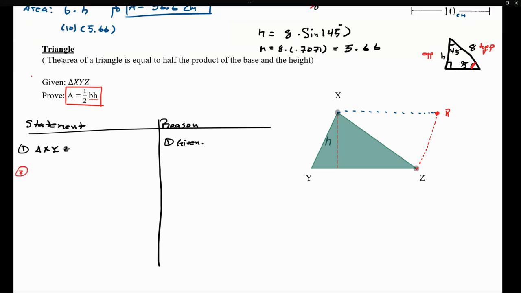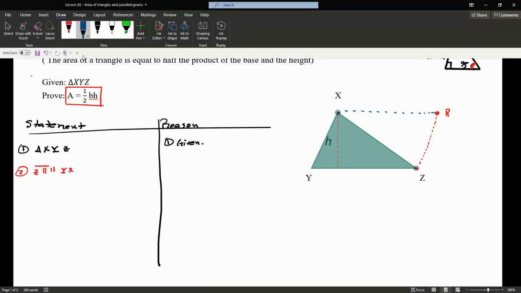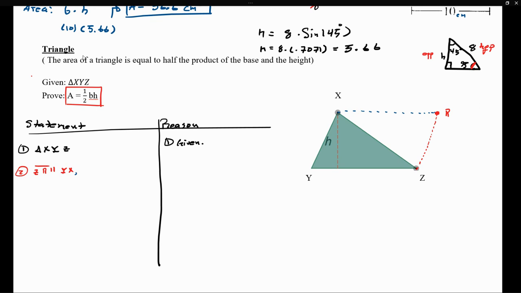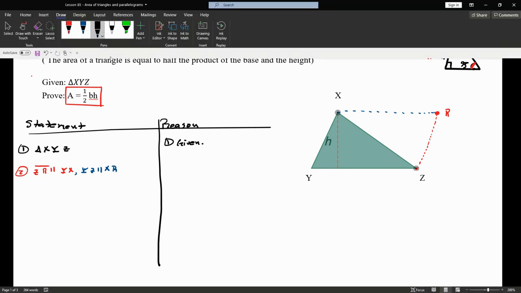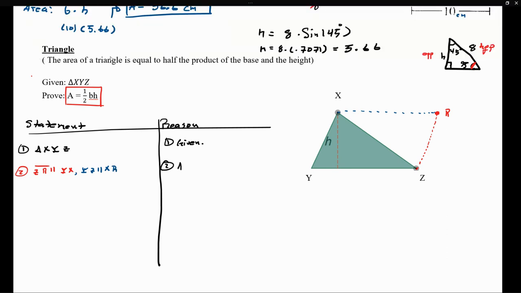My second step in this proof is that I'm going to be saying that ZR is going to be parallel to YX, and also YZ is going to be parallel to XR. And all we're doing here is we're introducing auxiliary lines.